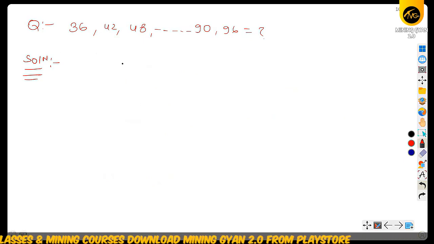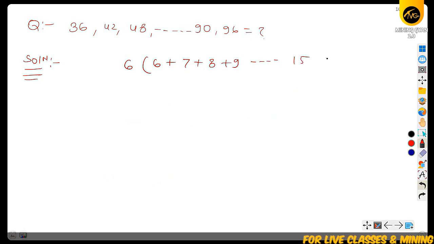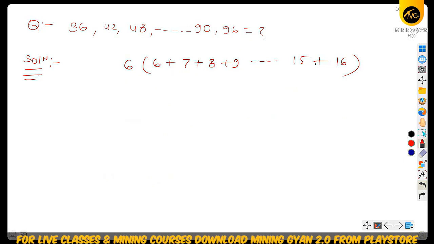For example, you can take the common factor of 6 from these numbers, and it becomes 6 times (6 plus 7 plus 8 plus 9 and so on up to 15 and 16). 6 sixteens are 96. So you can say that the series is 6 plus 7 plus 8 plus 9 and so on up to 16, right?